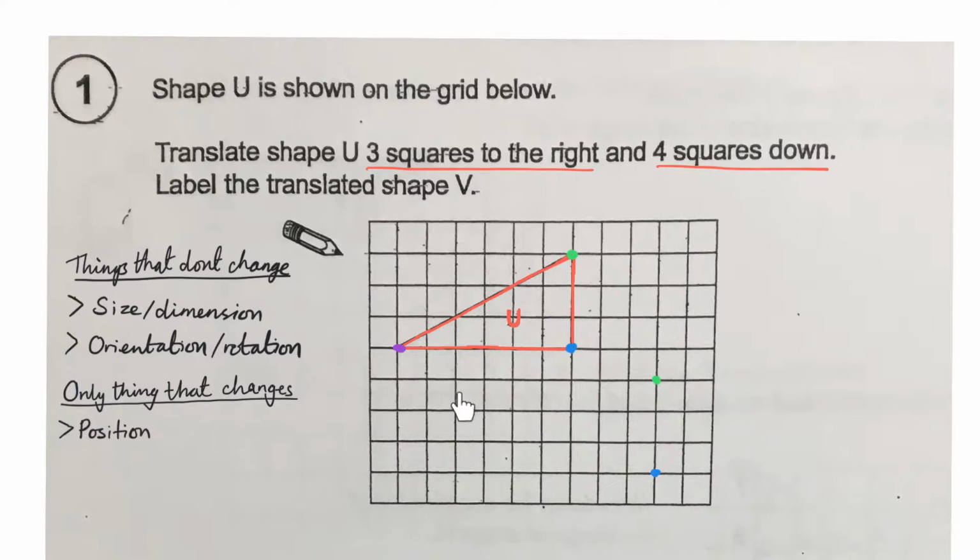Or we can do the first method that we did, which was just move this purple vertex 3 squares to the right, 1, 2, 3, and then 4 squares down, 1, 2, 3, 4, so it will be over here.